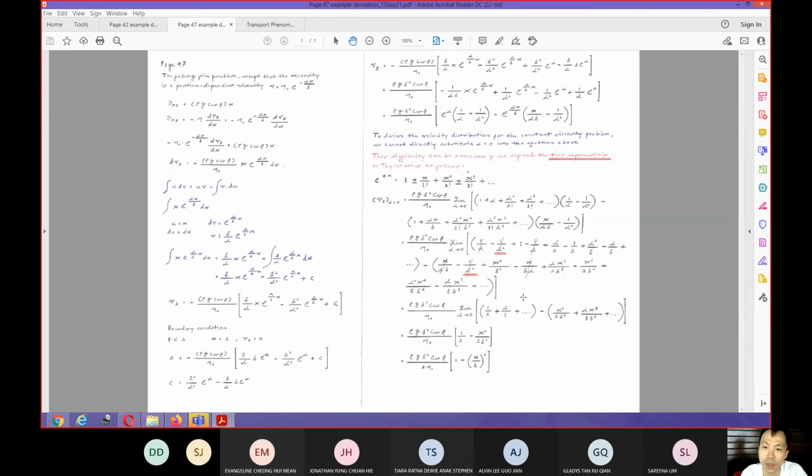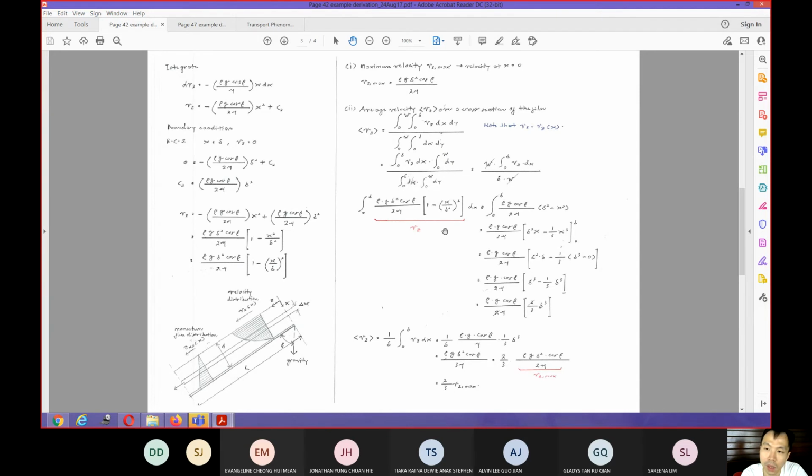Okay, so what I want to essentially show in this example is that when you are dealing with a transfer phenomena problem, all the assumptions that you make in between your steps are very important.